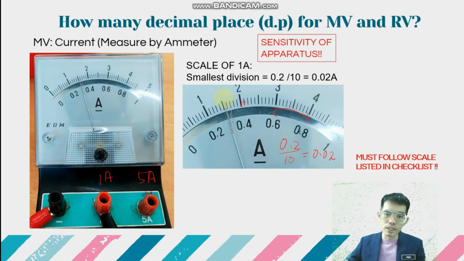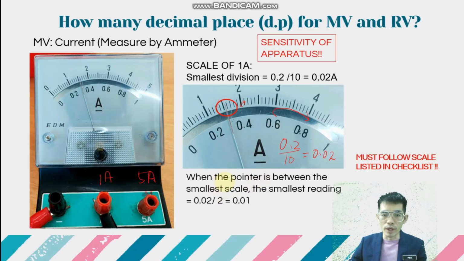However, you can see the pointer is at the middle between two smaller scale divisions. What is the smallest reading we are able to measure using this ammeter? It is circled with the red circle.